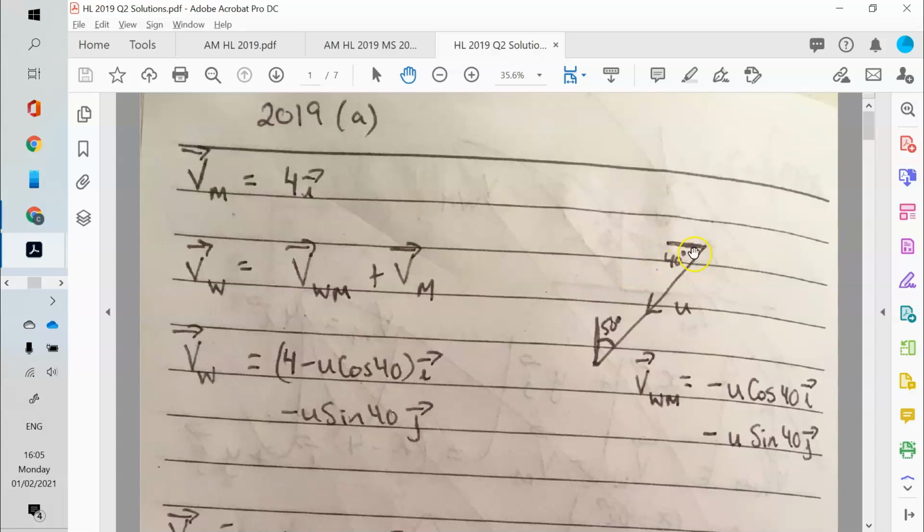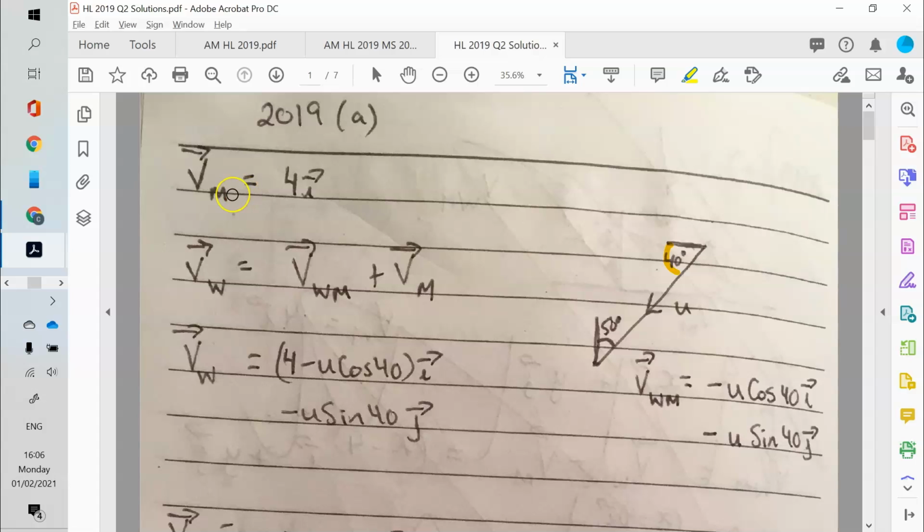And I can say on this diagram that the angle here is 40 degrees. So we can say that the wind relative to the male is minus u cosine 40 in the i direction and minus u sine 40 in the j direction.